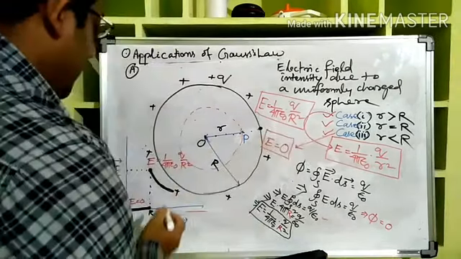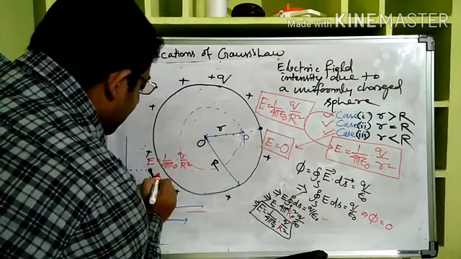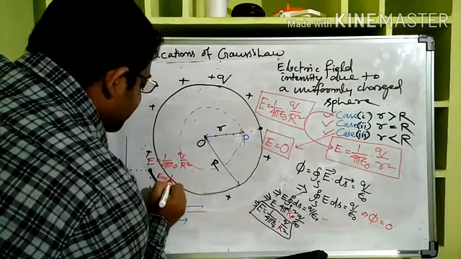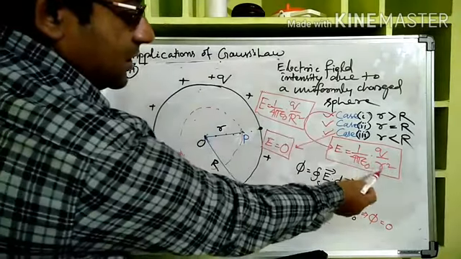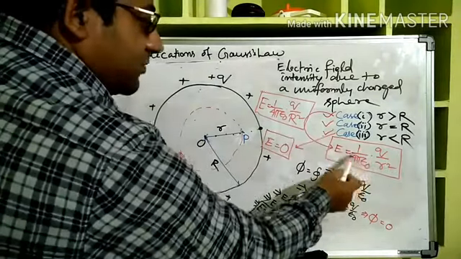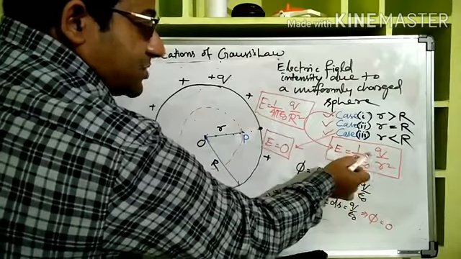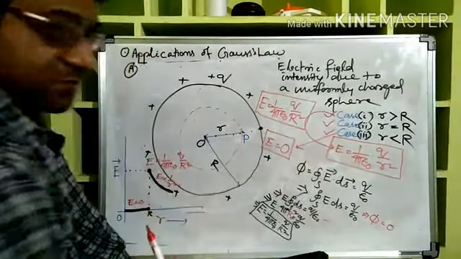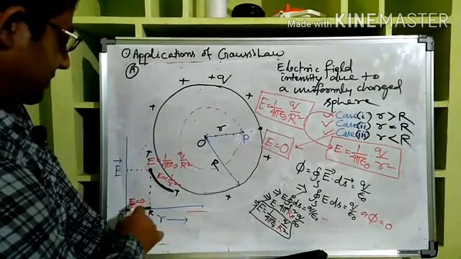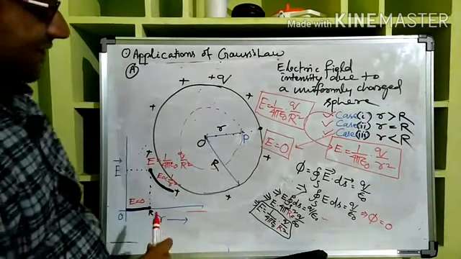And after that, E is inversely proportional to the square of the distance of the point from the center of the sphere. Clear? So graphically, this will look like this.